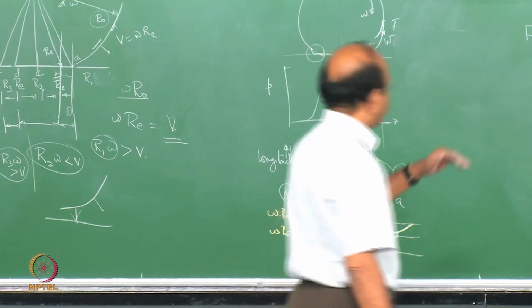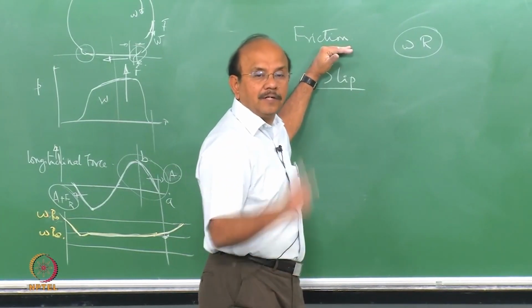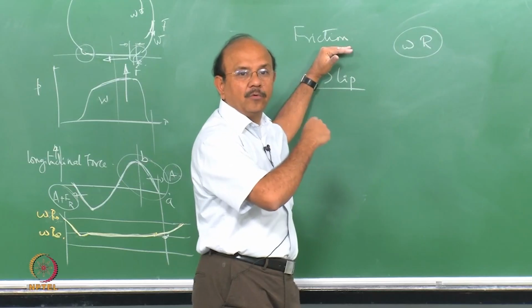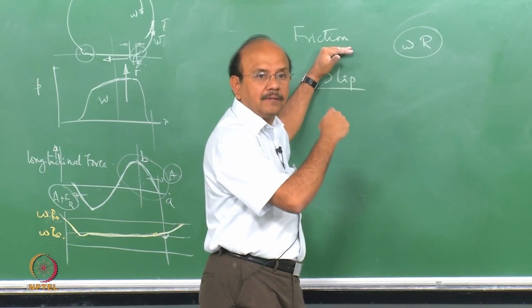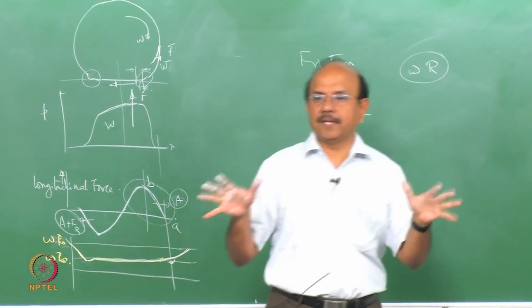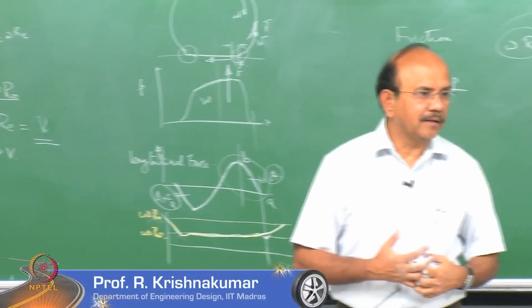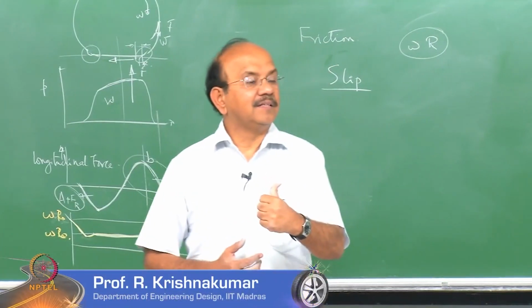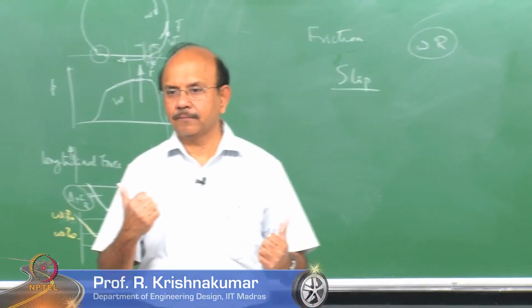In other words, for this quantity called mu into N, there are two guys who are going to compete. After all, mu into N is the same. So when there is cornering plus braking, then there is a longitudinal force as well as a lateral force.